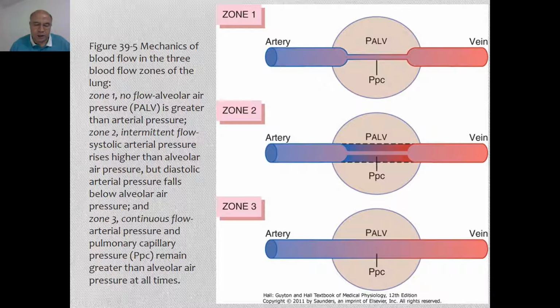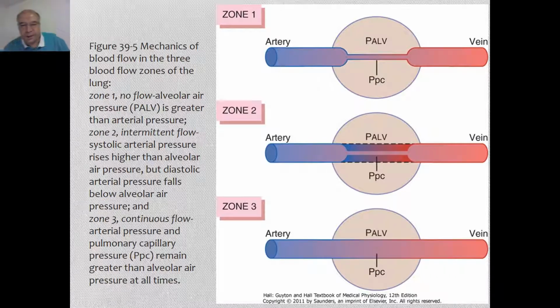in a normal healthy person. So in zone 1, there is no blood flow in both systole and diastole of the cardiac cycle, systolic or diastolic phases. Always the pressure inside of the alveoli overcomes, so the blood cannot move from the arterial side to the venous side.